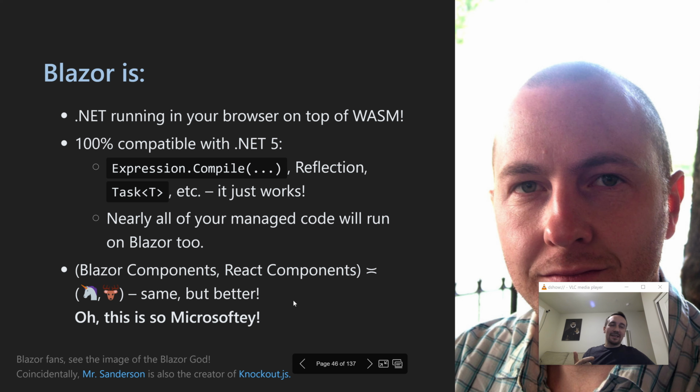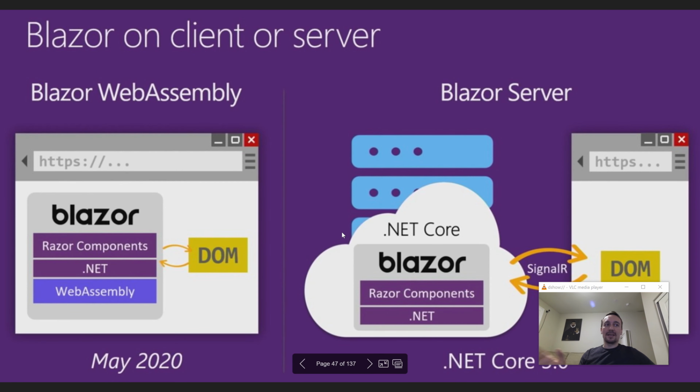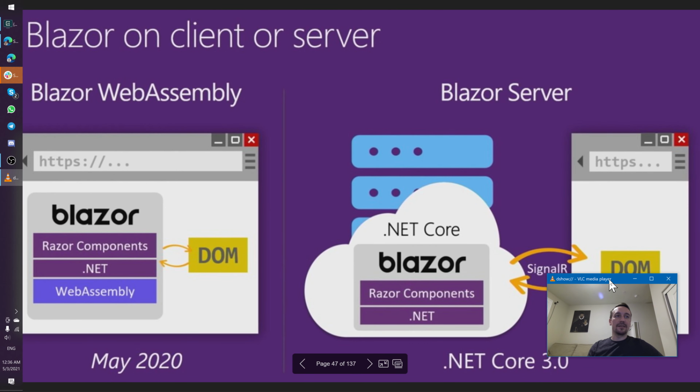Besides that, Blazor components are quite similar to React components. Basically, in terms of UI framework, Blazor is a copycat of React. And shortly I'll explain why this is actually great.